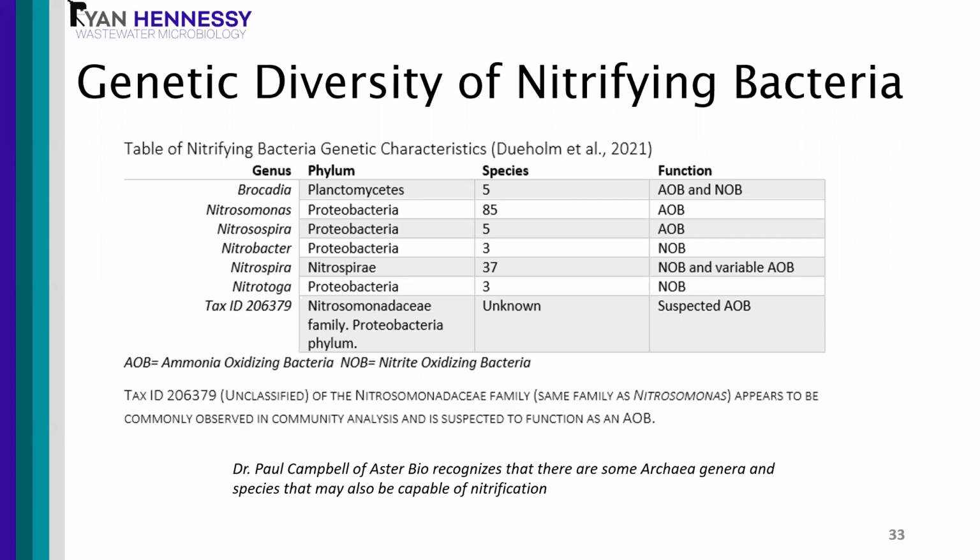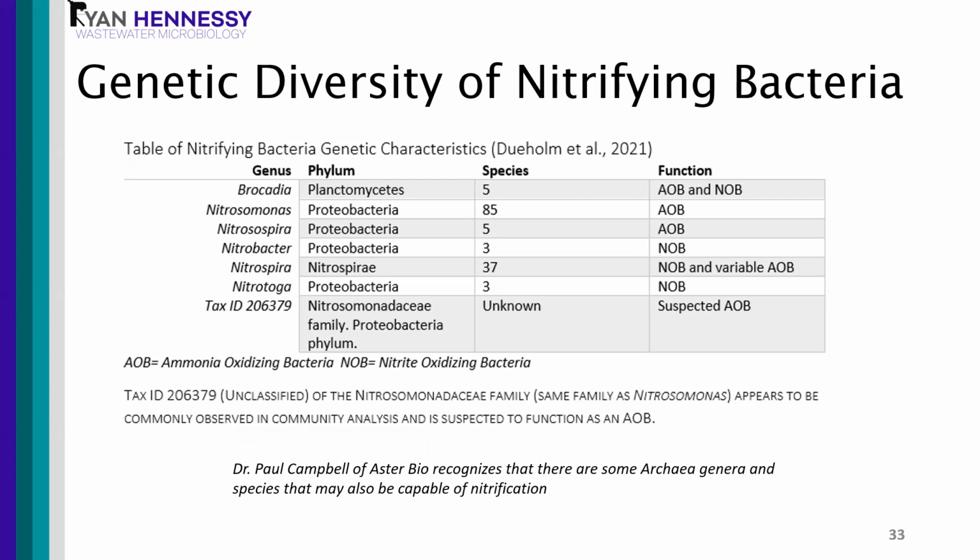Also, when you look at Nitrosomonas, the latest count, as of 2021, is that we're up to 85 separate species of the Nitrosomonas genus. So there's very high genetic diversity within nitrifying bacteria, and for example, Brocadia can function as both an AOB and an NOB.